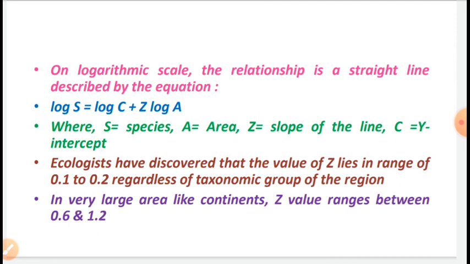For example, for frugivorous, fruit eating birds and mammals in the tropical forests of different continents, the slope is found to be 1.1. So the range of the Z value gives an idea about different types of species area distribution.